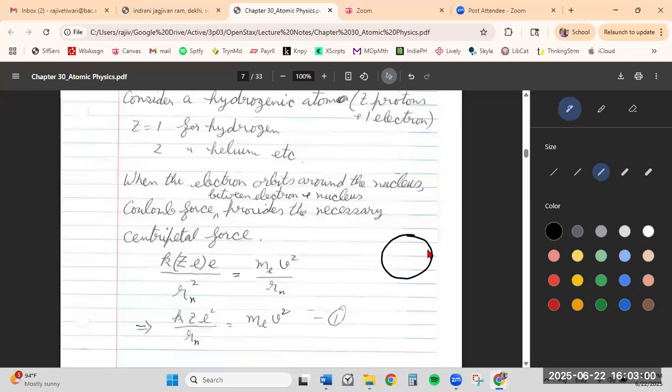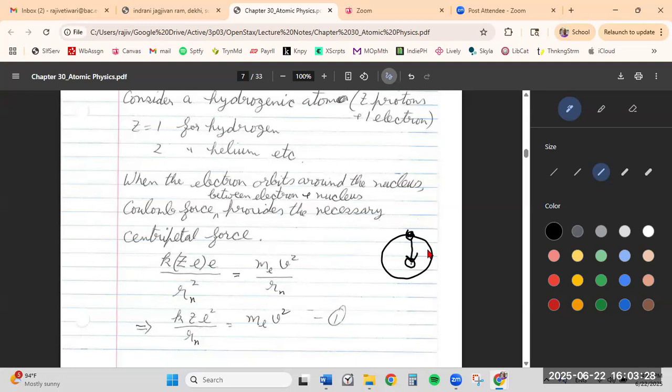And centripetal force is the force that is always pointed towards the center of the circular orbit. So there has to be some source of this centripetal force. Like in the case of planets going around the sun, it's the gravitational attraction between the sun and the planets that provides the necessary centripetal force.